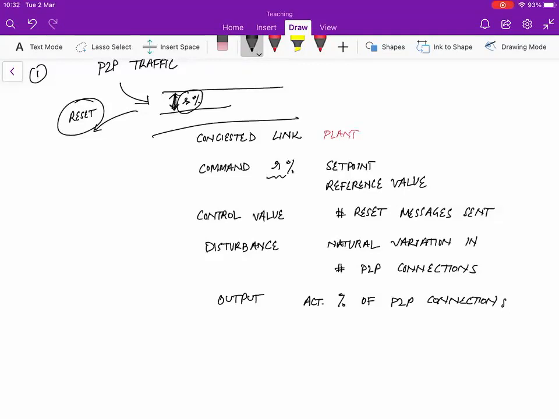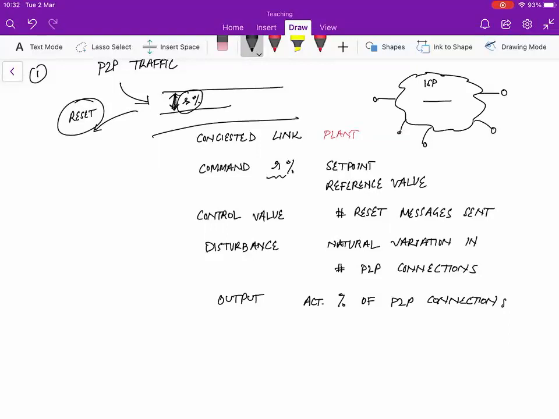Isn't the plant the endpoints, because that's what we're trying to control? Well, it depends on what modeling you have. The mental model I have is something like this. We have an ISP, and the ISP has some number of users who are at the ends, who are getting data, well, as peer-to-peer, they're actually talking to each other.